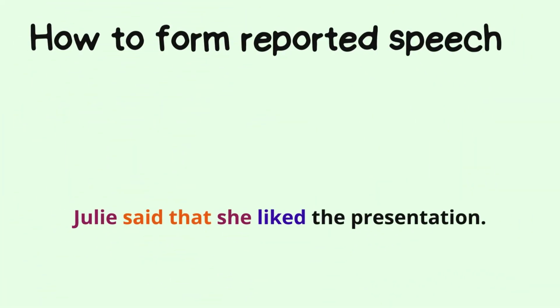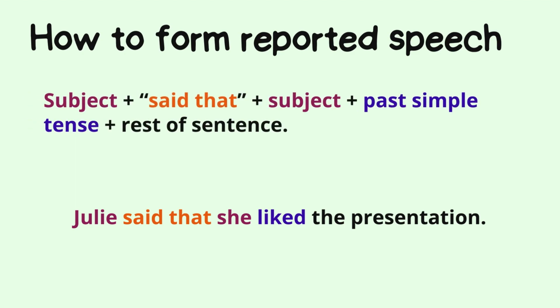Let's look at how to form a reported speech sentence. We start with the subject, then "said that," then the subject again, or you can change this part to a pronoun, then the past simple tense, then the rest of the sentence.